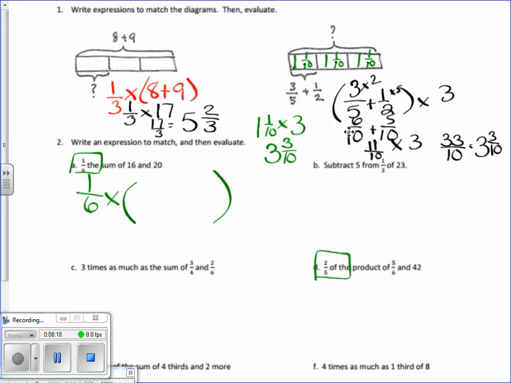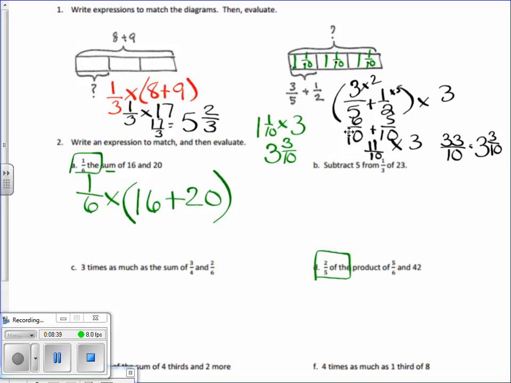So 1/6 what? The sum of 16 and 20. So what am I doing? I'm adding, because I've got the sum of 16 and 20.